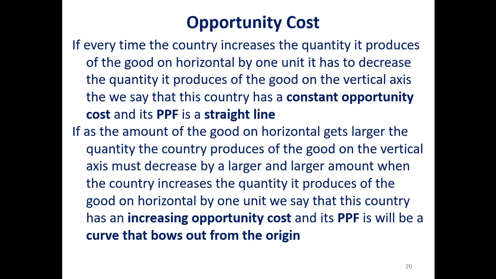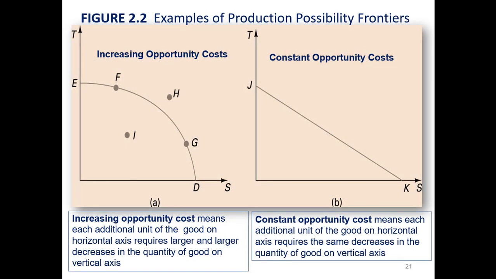The first is a straight line production possibility frontier, which hopefully you should know, and maybe if you have to check earlier material to do that, is this maximum combination of the goods that the country can make. Or it's called an increasing cost production possibility frontier, and this is the one that's bowed out. And here's pictures of the two.